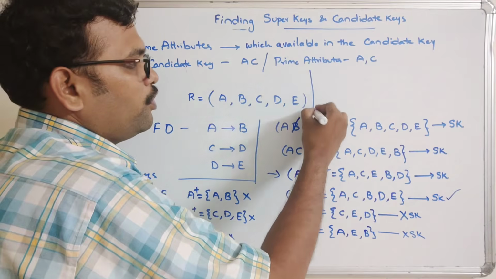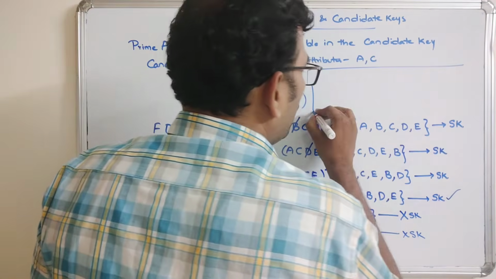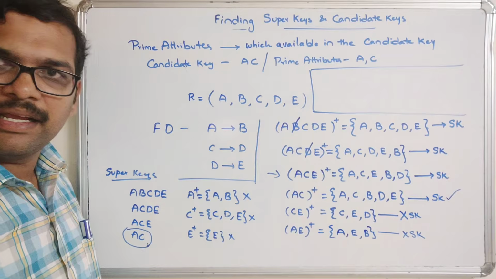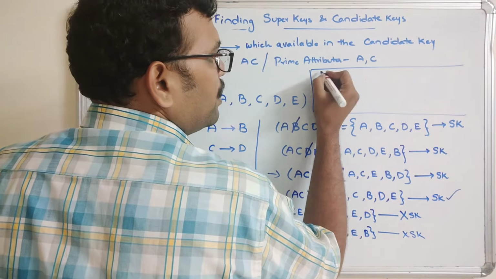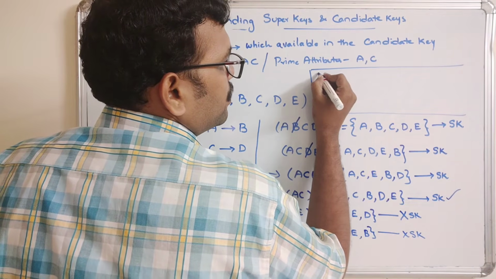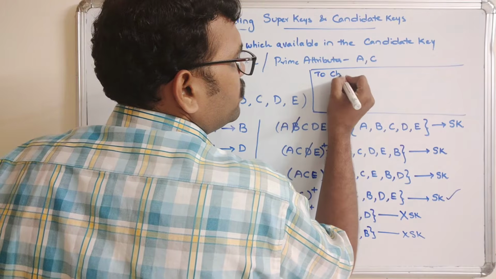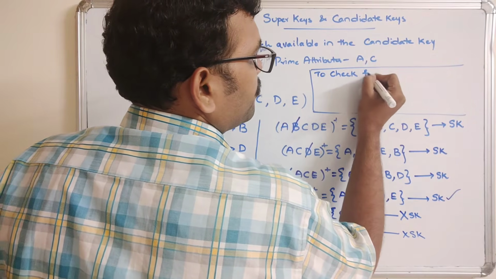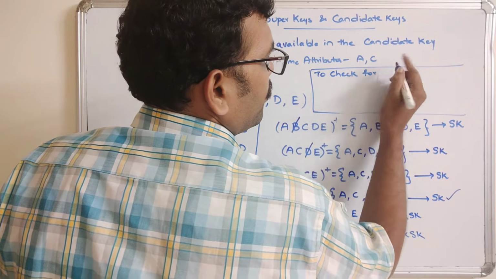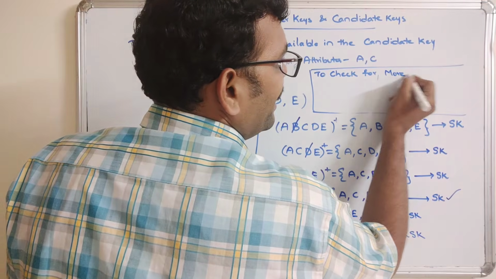Now, in order to find whether the relation has multiple candidate keys, we check for more candidate keys.